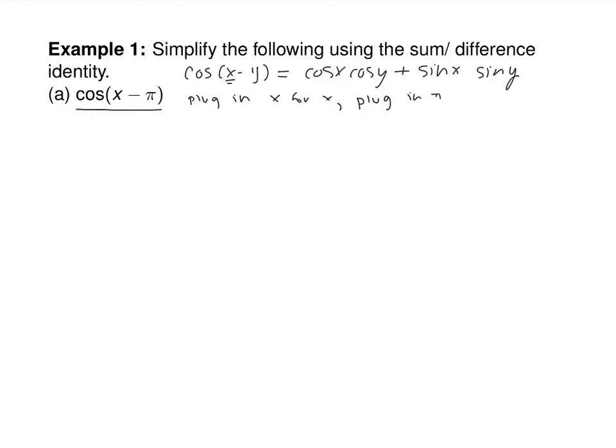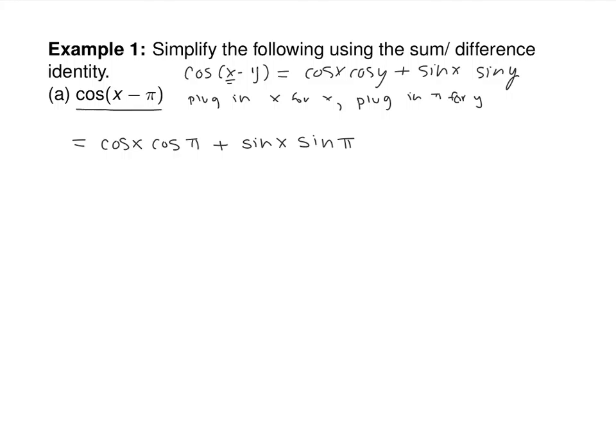Plug in pi for y. So cosine x minus pi will be cosine x times cosine pi plus sine x times sine of pi. And then just simplify as necessary.